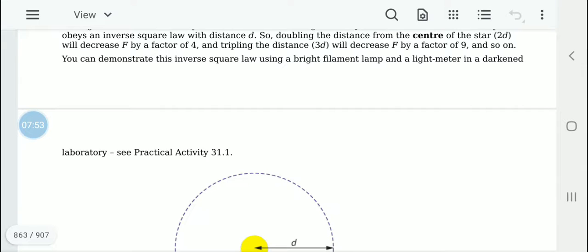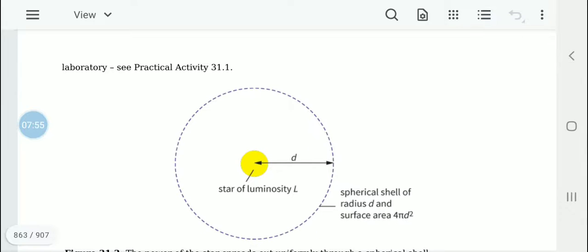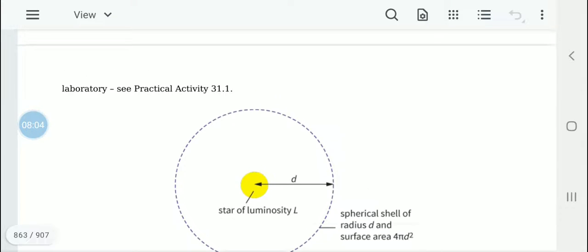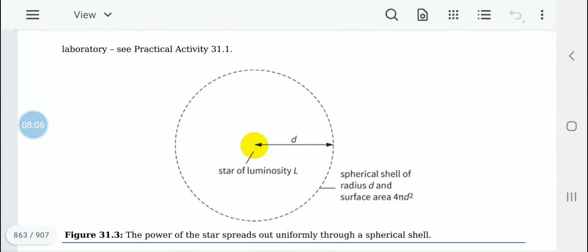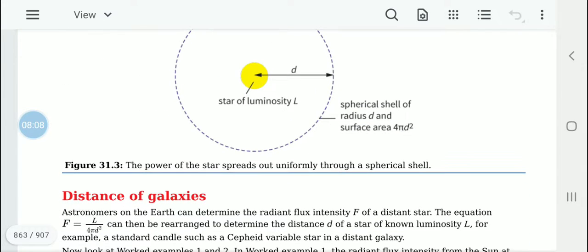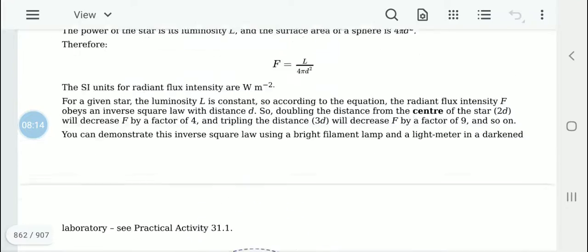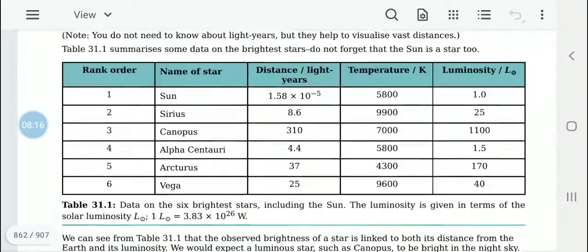We consider the bulb to be a star of luminosity L, and we change the position of the light meter away from the object and see how the reading is reduced.